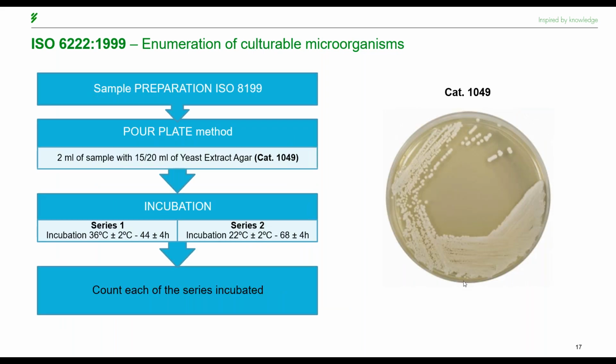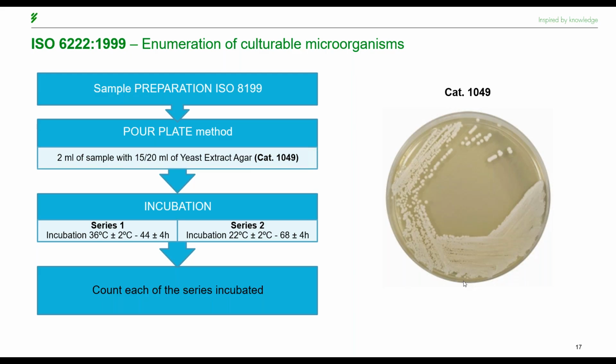And finally, we move on to the last method, a very simple one, ISO 6222, for the enumeration of culturable microorganisms. That is, all aerobic bacteria, molds, and yeast that are capable of growing on a nutrient agar, that is the yeast extract agar. On this occasion, the membrane filtration method is not used, but the pour plate method, which was one of the other techniques that we saw earlier for quantitative counting in water analysis.